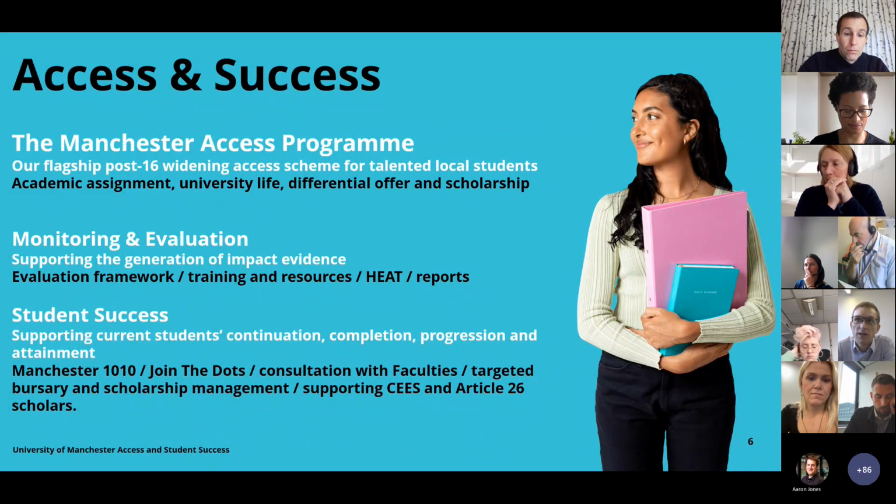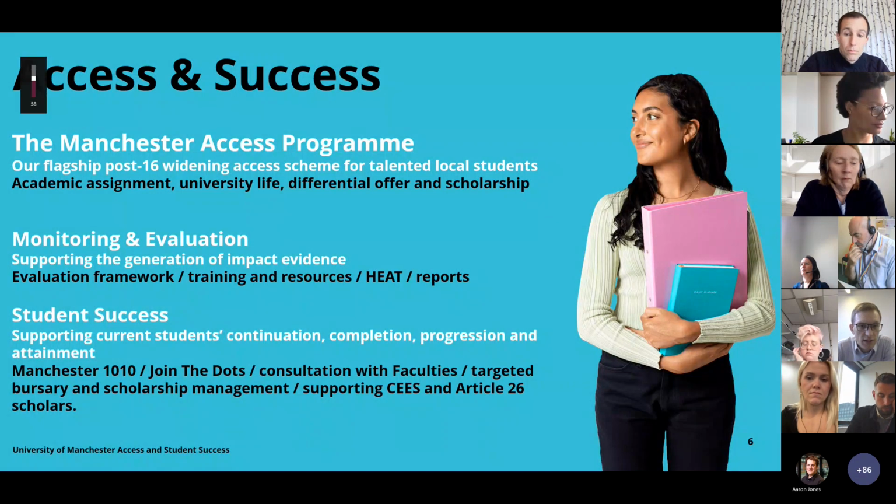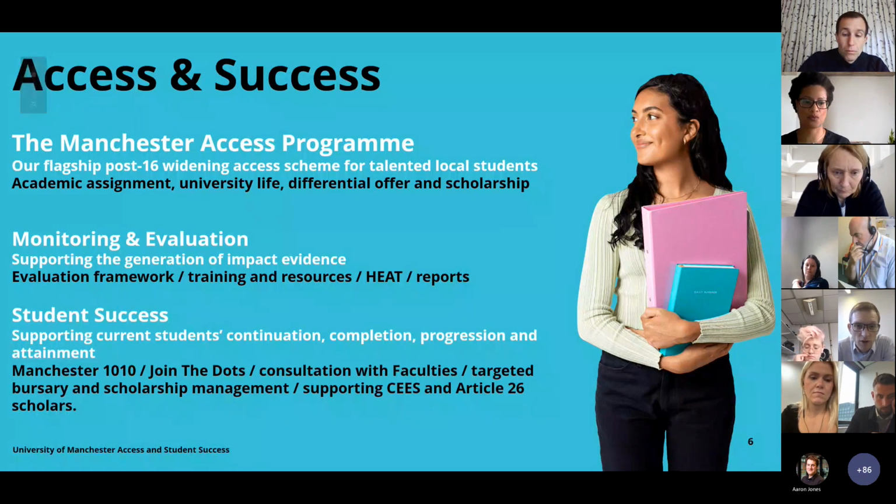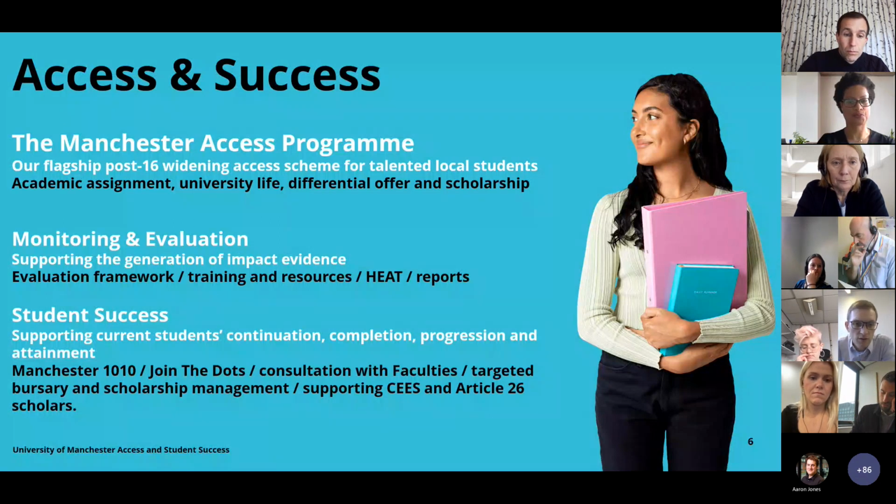We're looking to the future as well to be able to collaborate across the university to use that framework outside of just access and success activity. Just to note here, the team's responsible for producing our annual impact report, and that is published. So I'll pop the link in the chat afterwards for people who might have missed the news story on that towards the back end of March and into April.